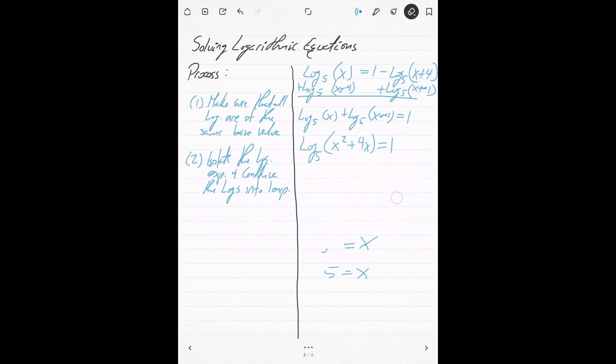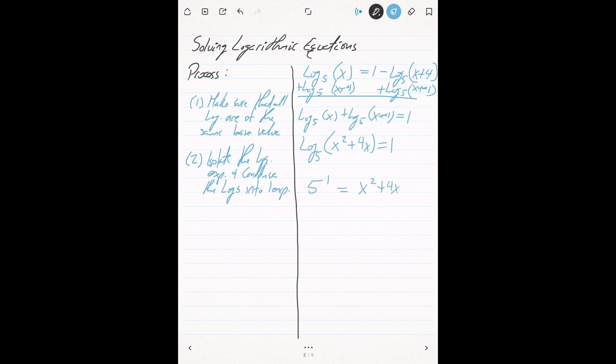So by having a logarithmic expression, we can rewrite that into an exponential. So let's go ahead and do that here. I'm going to take the base 5. Its exponent is the 1 here. And what it equals is the argument, x squared plus 4x.